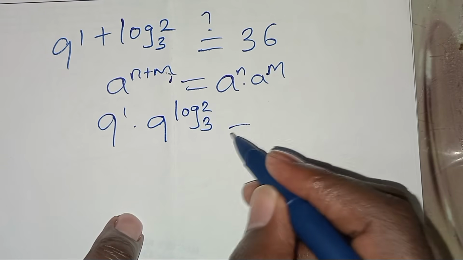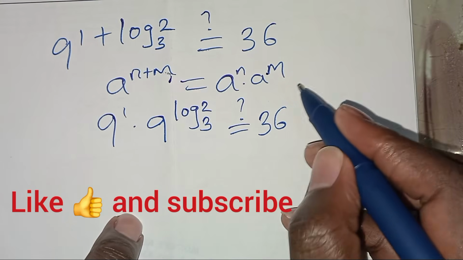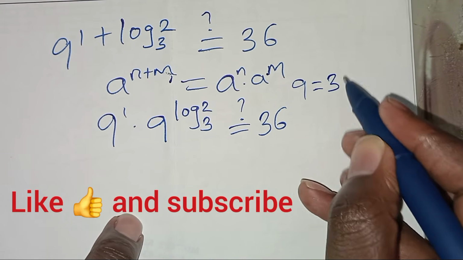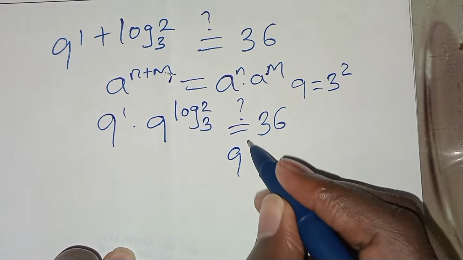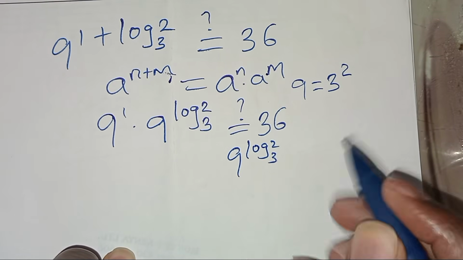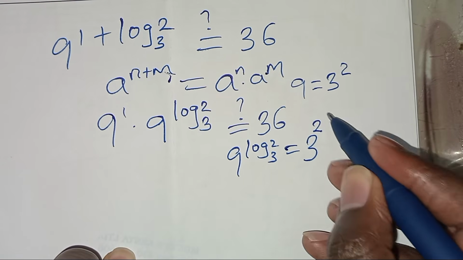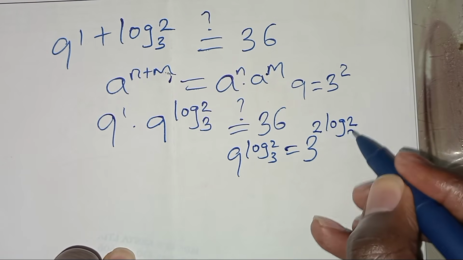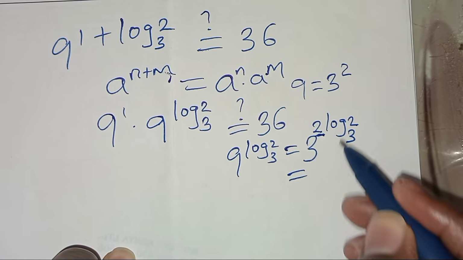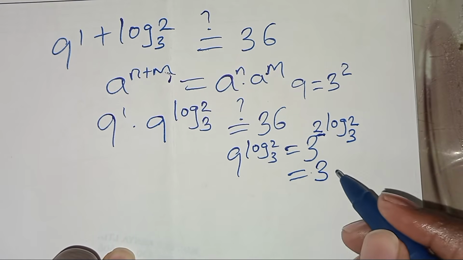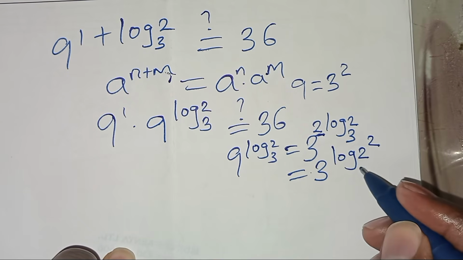Okay, this should give us a value of 36. Now we can express 9 basically as 3 to power 2. Okay, so that means that 9 to power log 2 to base 3 can be expressed as 3 to power 2 log 2 to base 3. And since 2 is the power, we can express this further as 3, okay, to power log 2 to power 2 to base 3.